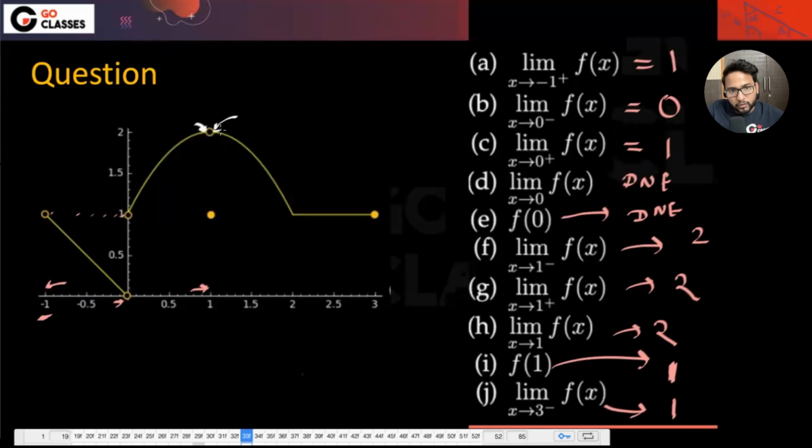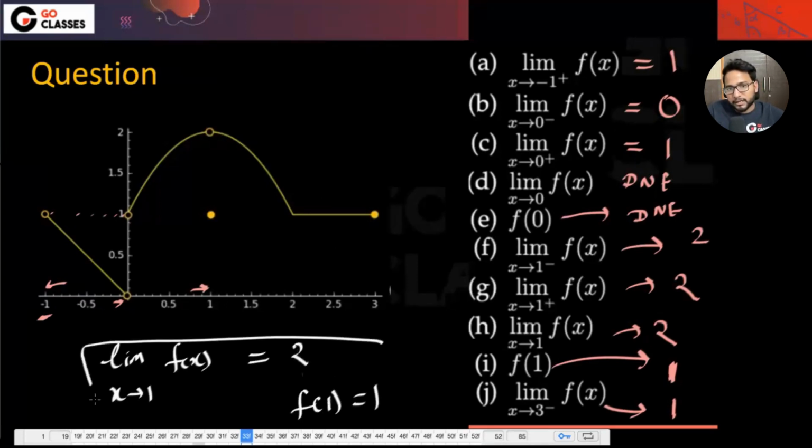From the right also it is 2, but at 1 it is 1. f(1) is 1. The value of the function is 1, but the limit at 1 is 2. That's very interesting. If given this graph, someone asks you the limit as x tends to 1 of f(x), then this is 2, but f(1) is 1. This is interesting, right?